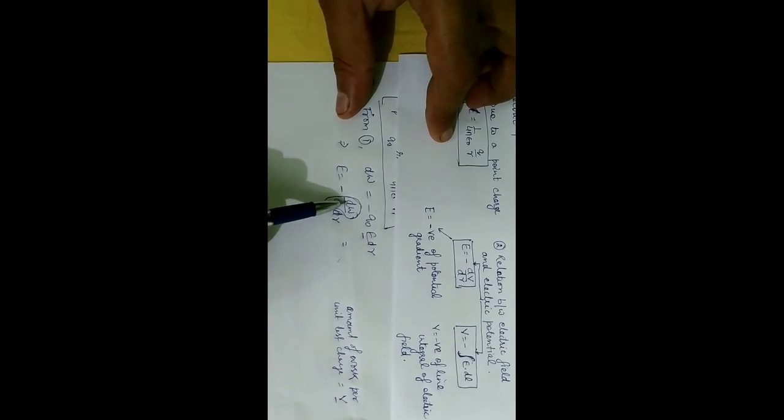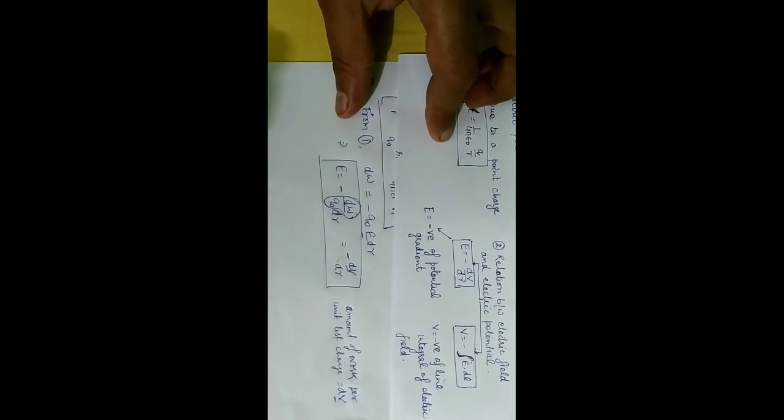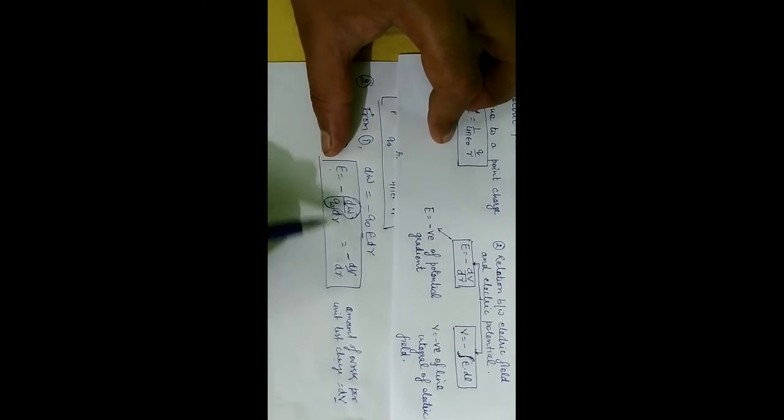Since here work done is small d, the potential here is also a small change in potential. So it becomes minus dV upon dr. So this is our second relationship, that is, electric field is equal to negative of potential gradient.